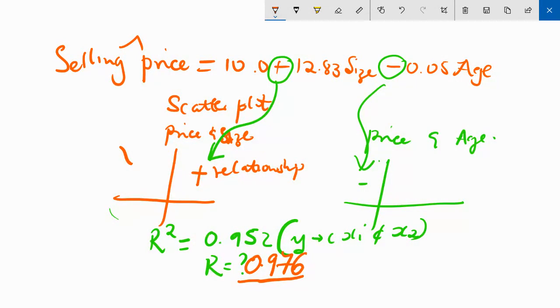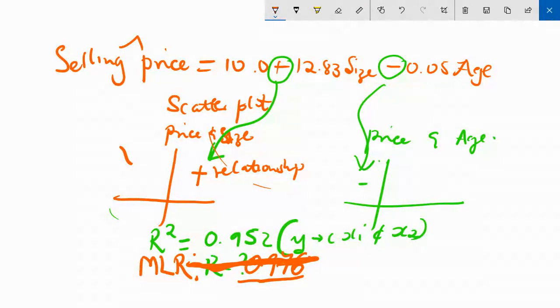Are you still there? So, because you are dealing with multiple linear regression, whenever coming to R, if you are having more than one independent variable, you don't have to interpret it, because it's misleading now.